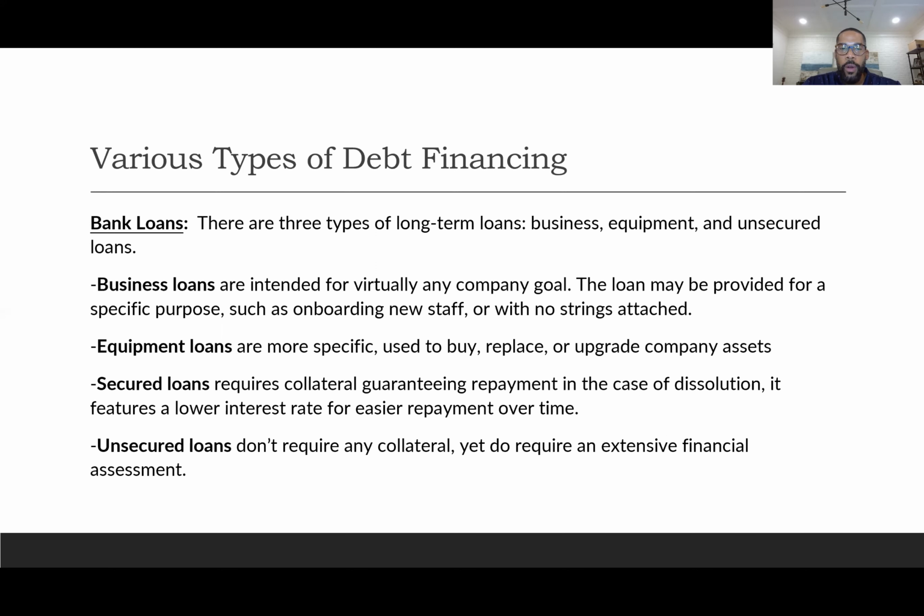Equipment loans are more specific, used to buy, replace, or upgrade company assets. Secured loans require collateral guaranteeing repayment in case of dissolution. It features a lower interest rate for easier repayment over time. Unsecured loans do not require any collateral, yet they can require an extensive financial assessment, including that credit, which I alluded to earlier.